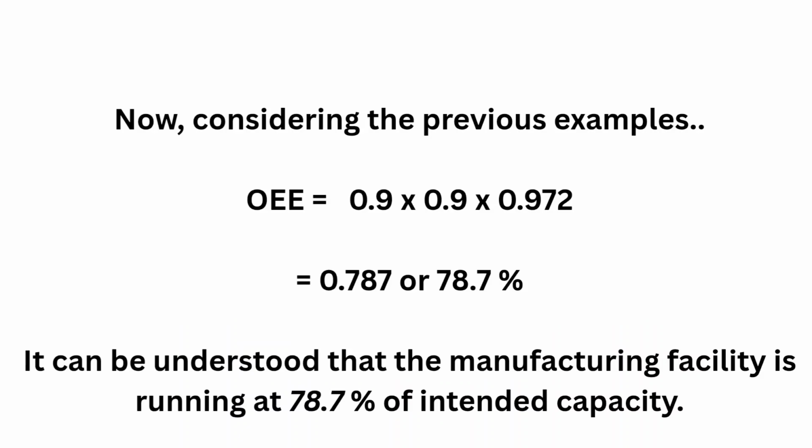If you do the maths, you will get the figure as 0.787 or 78.7 percent. This 78.7 can be understood as the OEE of this manufacturing facility, or in simple words, this machine or manufacturing facility is operating at 78% of its intended capacity.